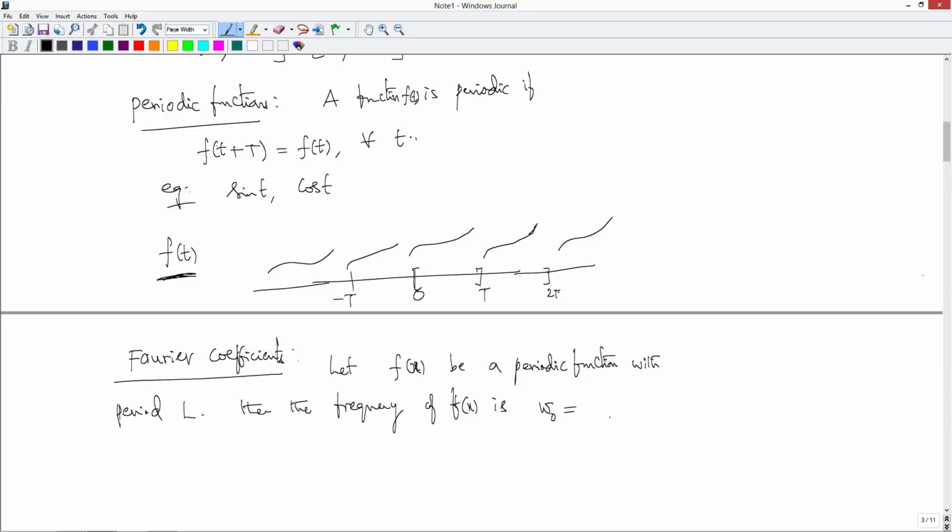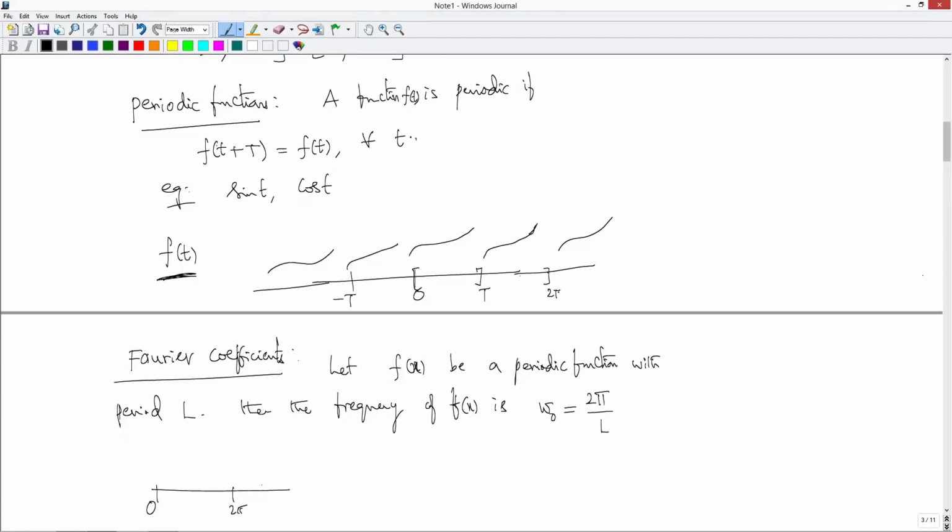We call this the fundamental frequency, which is 2 pi by L. You can think of a sine function, like this, where 0 to 2 pi is the period. On par with the sine and cosine functions, the fundamental signals, their time period is 2 pi, whose frequency is 1. So, the fundamental frequency is 1.